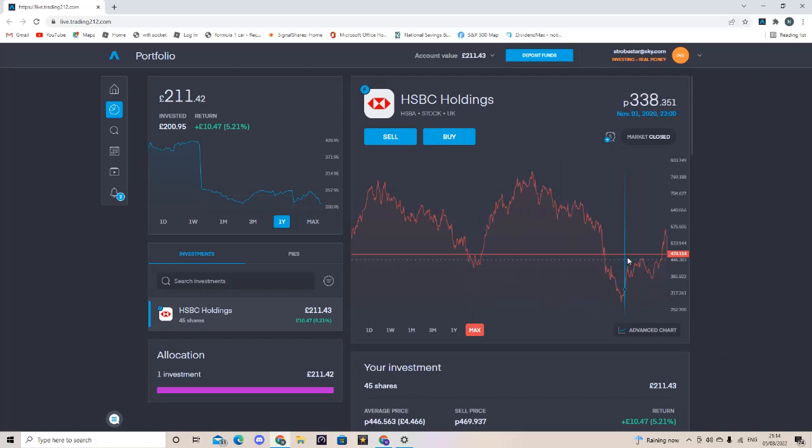So that's what cost averaging is. This is why you'll see when I invest, I always try and invest a minimum amount, which is £2 per share in my other portfolio, and that gives me a cost average. So I worry less about market volatility in times of crisis. At the moment, what's going on in the world is a bit of a crisis.